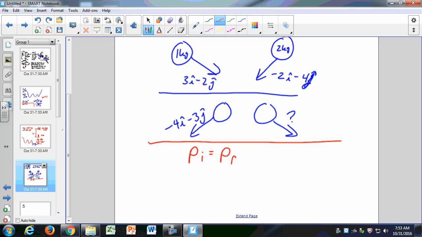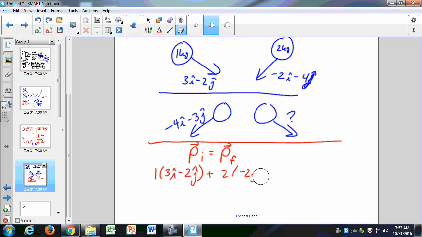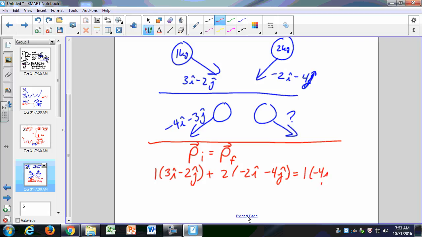So your work would look like this. Pi equals Pf. I would say 1 times 3i minus 2j plus 2 times minus 2i minus 4j equals 1 times minus 4i minus 3j plus 2 times Vf.